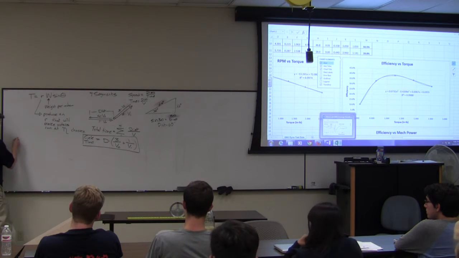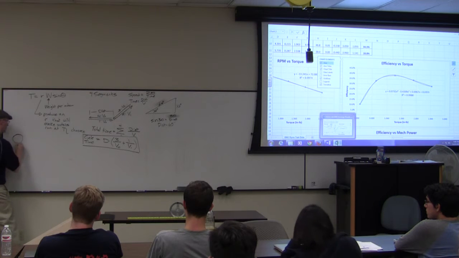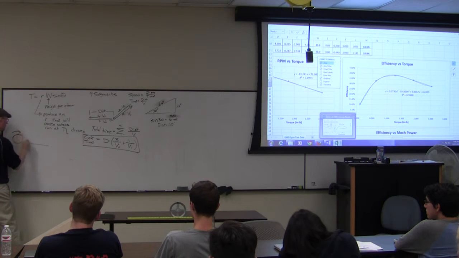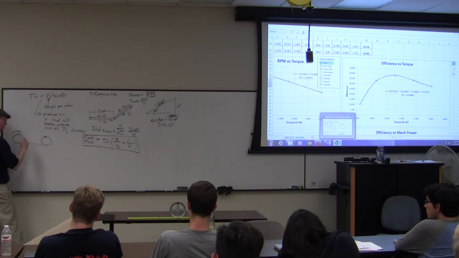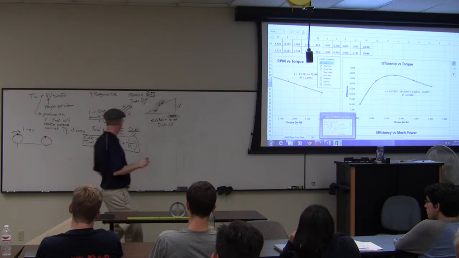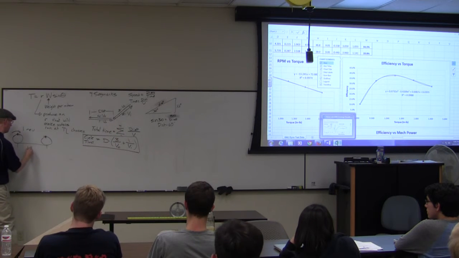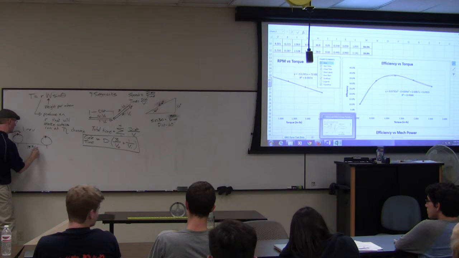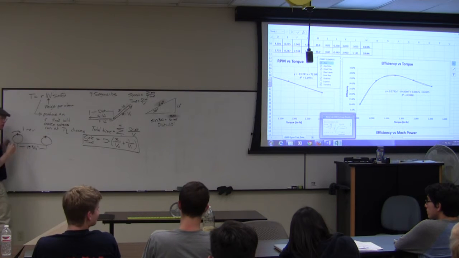Okay, so this is the rollout of the wheel. In 1 revolution, we go from the tick mark up, tick mark up. It went, what did I say? 18 3/4 inches.